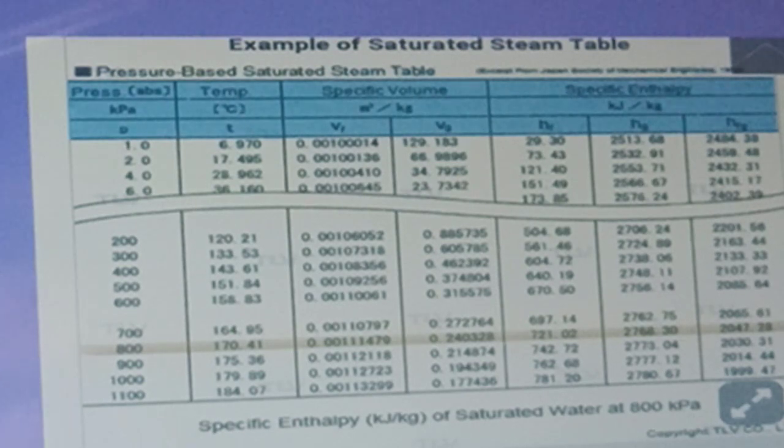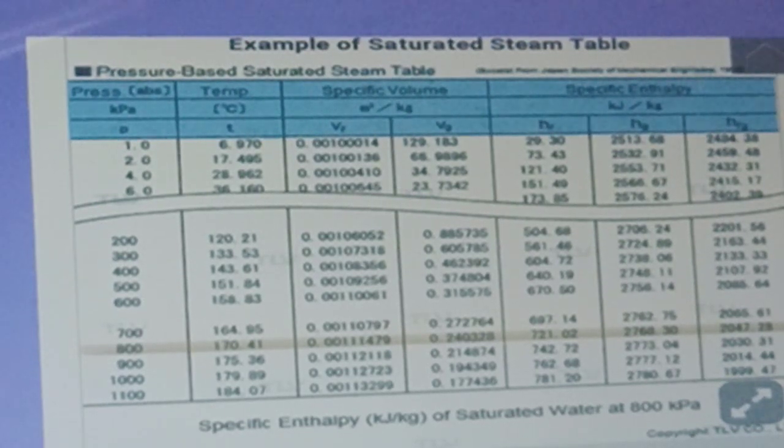Pressure, absolute kPa: 1.0, 2.0, 4.0, 6.0, and the temperatures are 6.970, 17.495, 28.962, 36.160.